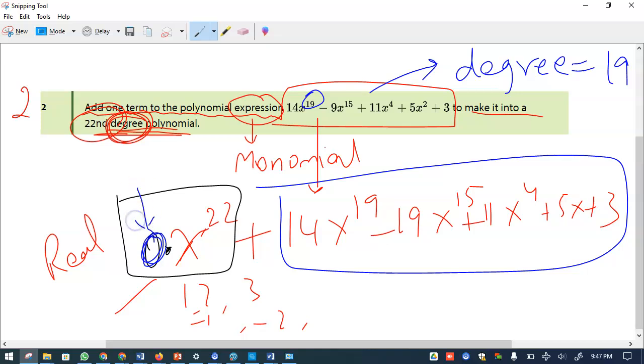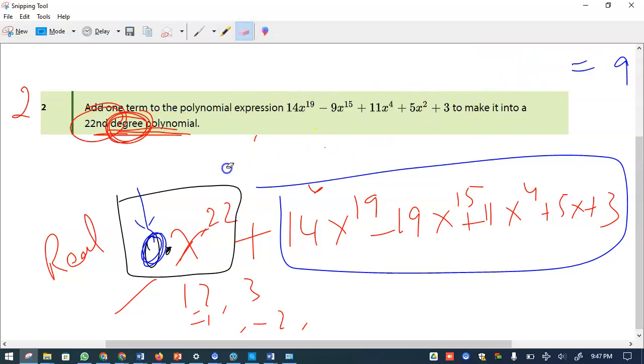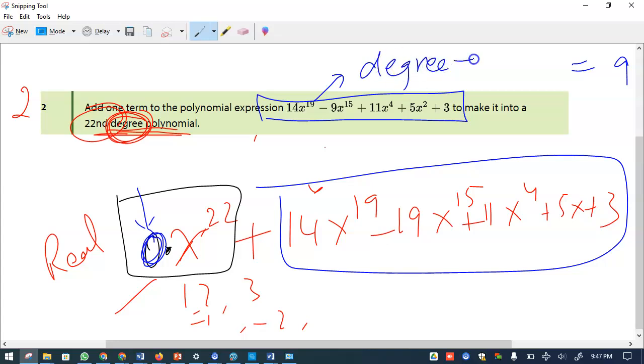This is also called the leading coefficient. Now in this example, two more things to be understood, the degree and the leading coefficient. This is a polynomial with degree 19. That's the highest exponent, because the others are 15, 4, 2.